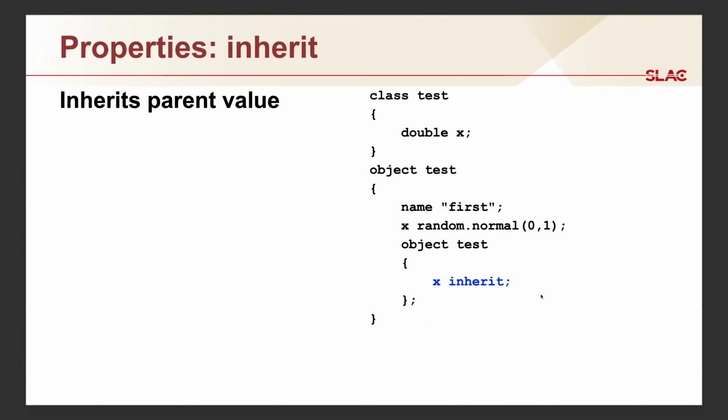But can I declare this child object outside the parent one, then identify the parent to be that one, and then use inherit? It doesn't work. No, it only works on nested objects. Okay, I see. Yep, only when it's embedded. Okay.